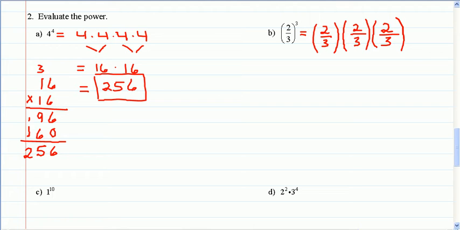Since we are multiplying 2/3 times 2/3 times 2/3, I just use the rules of multiplication, which is to multiply the numerators, 2 times 2 times 2, and then multiply the denominators, 3 times 3 times 3. 2 times 2 is 4, times another 2 is 8. 3 times 3 is 9, times another 3 is 27.